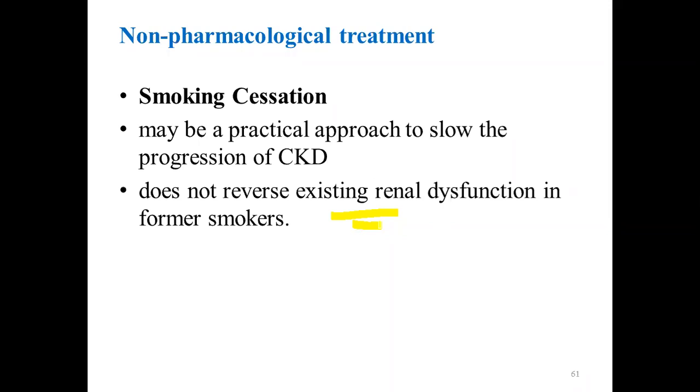What about alcohol? Even alcohol can cause indirect damage. Generally speaking, the risk of cardiovascular and renal complications is very high with smoking and alcohol, but it is not really directly related.